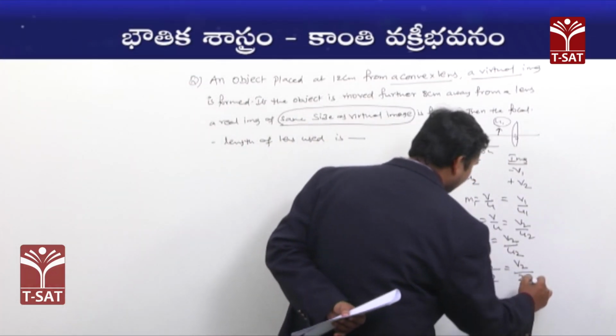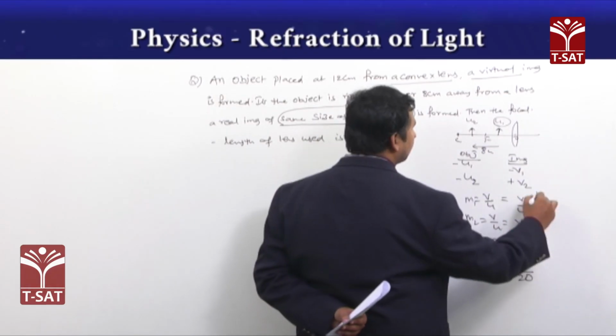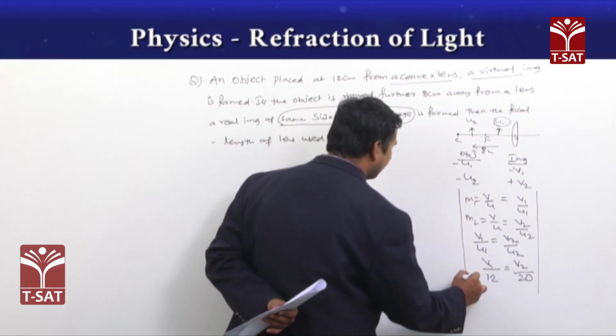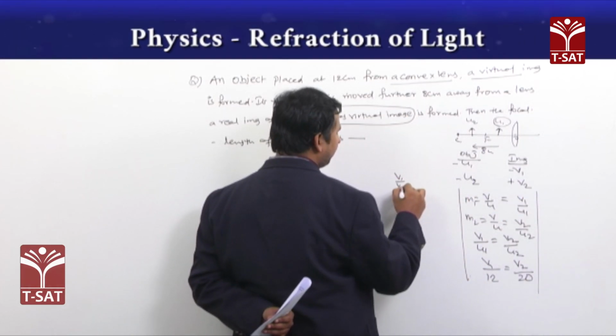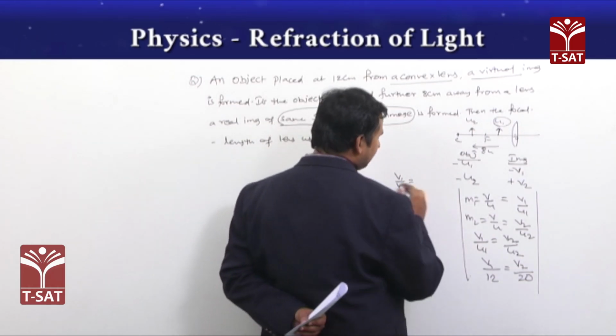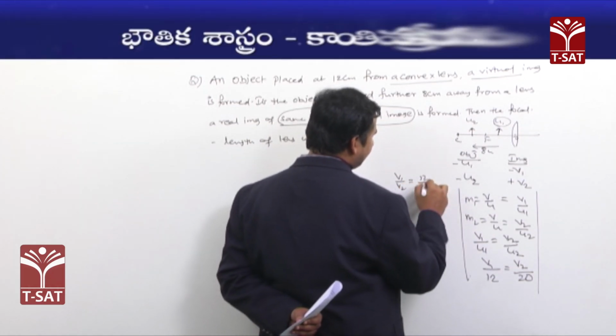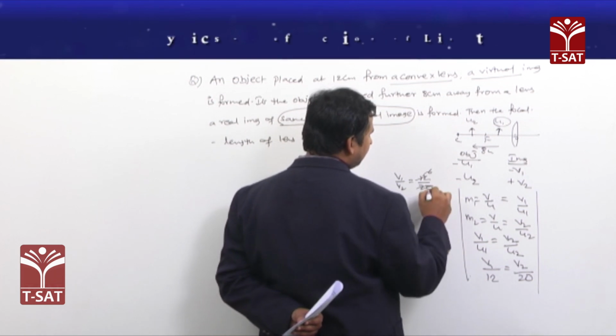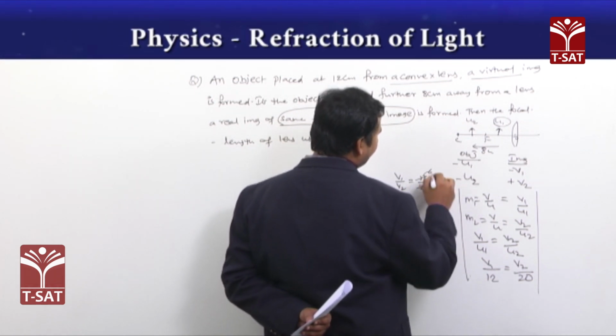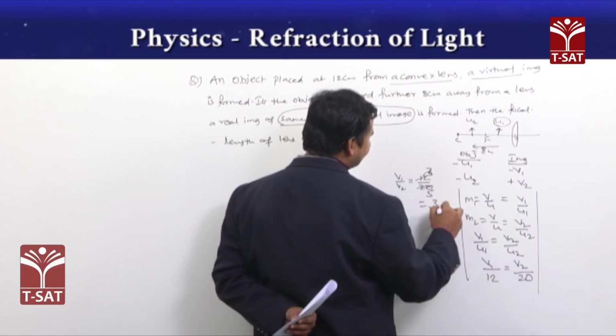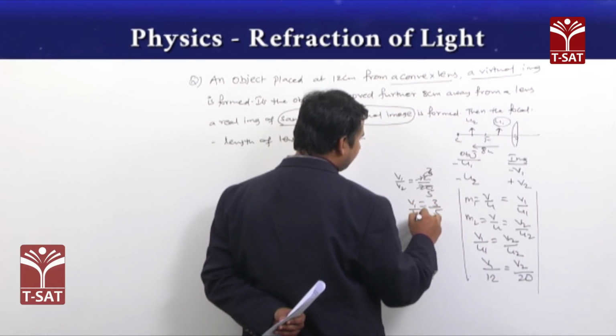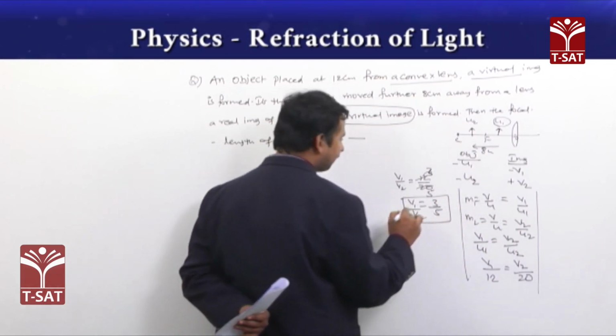Finally we got V1 by V2 as 12 by 20, which is 6 by 10, or you can write 3 by 5. So V1 by V2 is 3 by 5.